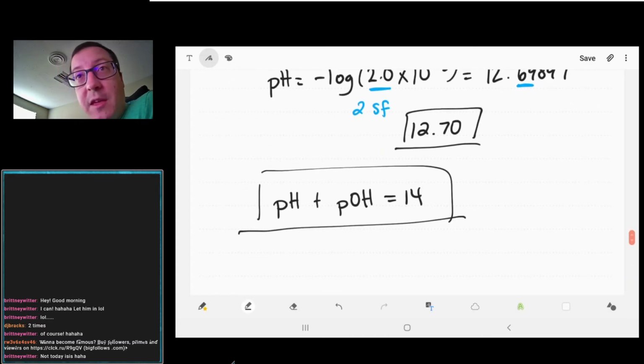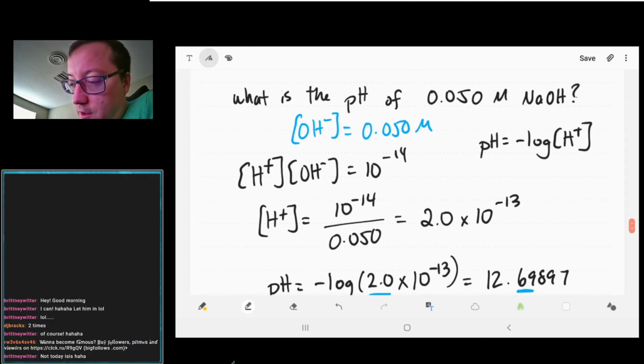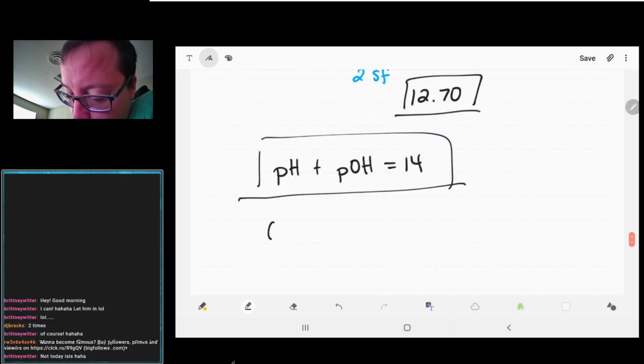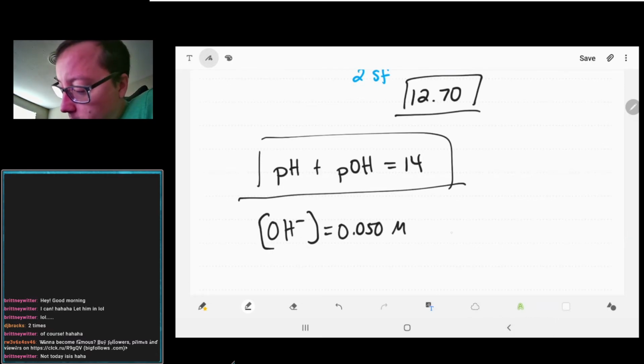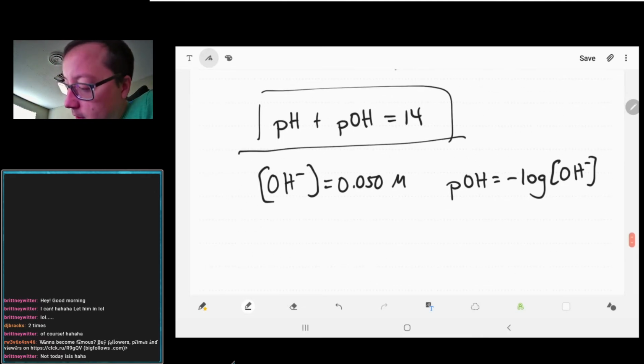We can do the same thing with this problem. Let's take a look. So we saw that we had OH of 0.05. pOH would be the same thing as pH, but we're putting in OH concentration instead.